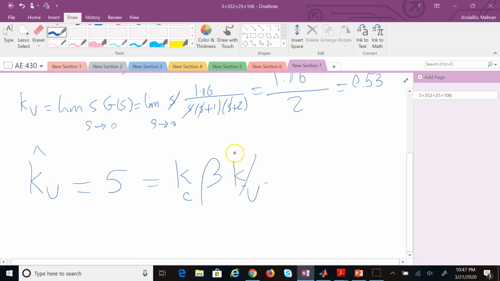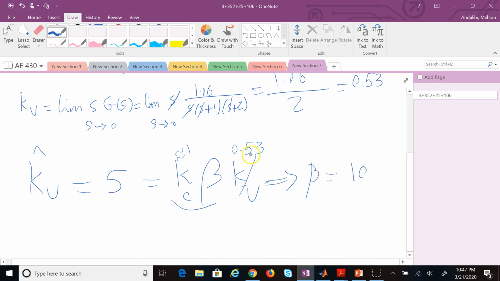And the old kV is 0.53. So you see that this number should be 5 divided by 0.53, which is around 10. So what we do is, since Kc should be around 1, okay, this Kc should be almost around 1, and this ratio is around 10, I choose beta to be exactly 10.